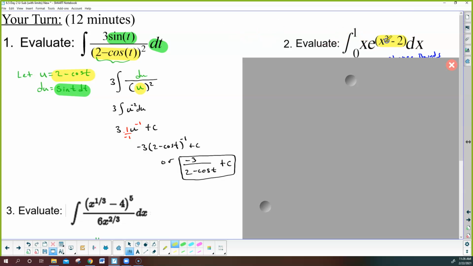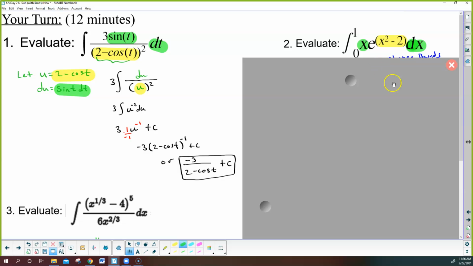Since u substitution is undoing the chain rule, we're looking for that inner value, which is x squared minus 2. Now, right away, before I even write anything, think of the derivative of this. The derivative is going to have another x in it and a dx. So I know for sure before I even start this problem that this x and this dx are going to go away and become du.